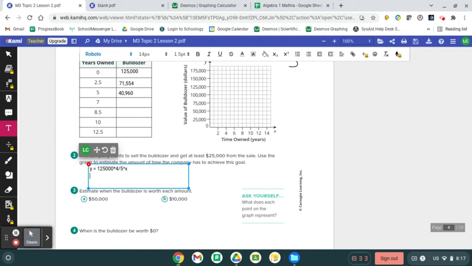So you would type that in, and then if we're looking for money, money is our y, right? So we're going to put y equals 25,000, and this would all be in Desmos.